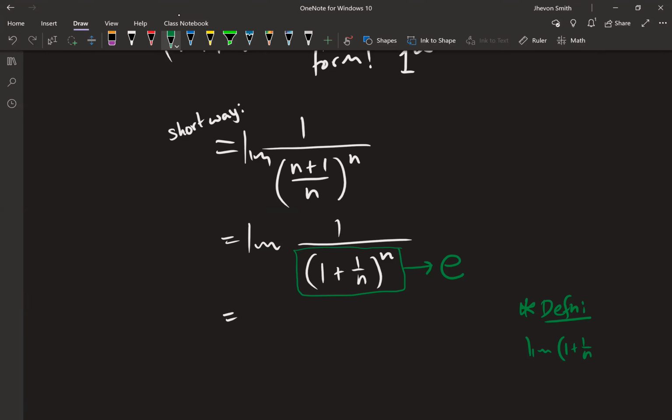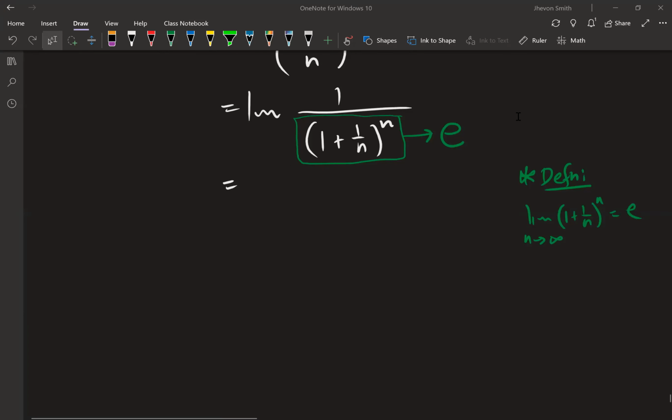We're going to discover another definition pretty soon in terms of series, but in terms of limits, you should know that e is either the limit as n approaches infinity of 1 plus 1 over n to the n, or as n approaches 0 of 1 plus n to the 1 over n. This is a definition of e.